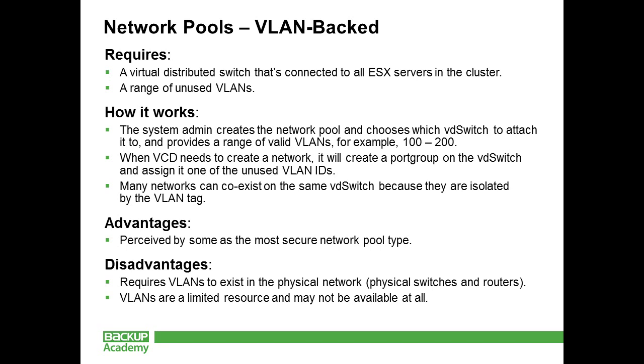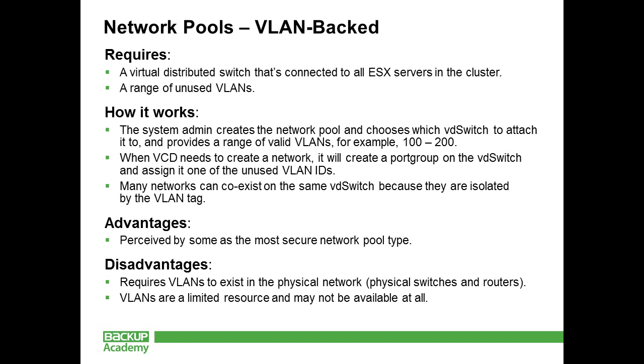Each time a VApp or an organization network is created, the network pool will create a DV port group on the distributed vSwitch and assign one of the VLANs from the specified range. Each time a VApp or organization network is destroyed, the VLAN ID will be returned to the network pool, so it can be available for others.